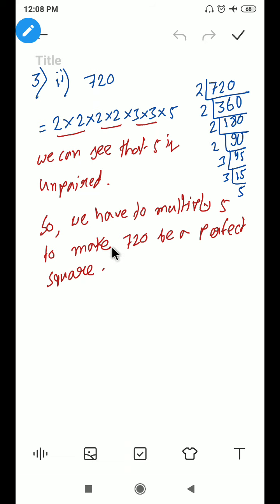Now it is asking us to also find the square root of the square number so obtained. That means after multiplying by 5, what do you get?